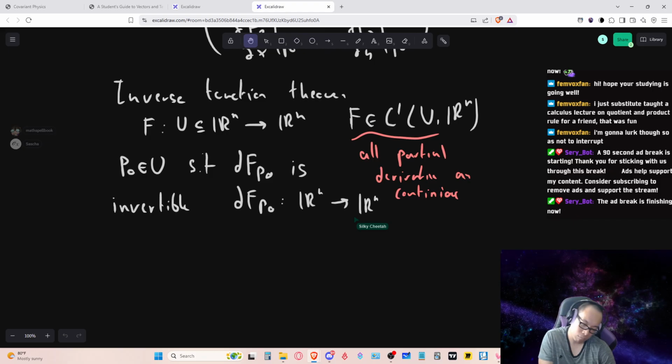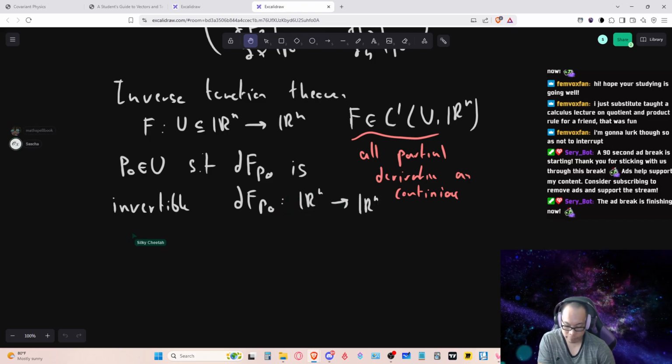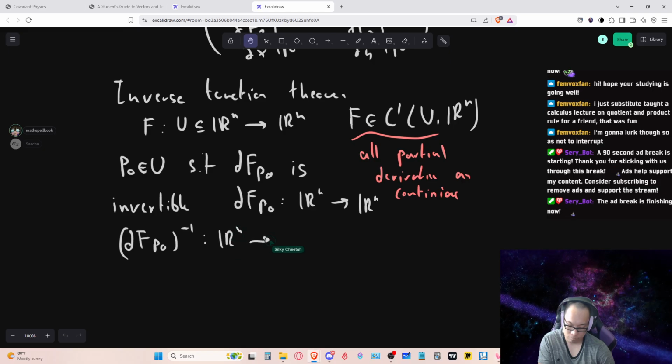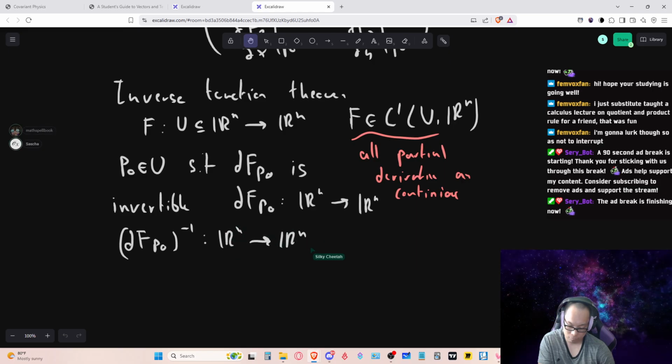And we want this map to be invertible. So it means that there will exist some inverse function, let's call it like that, such that when you compose those two functions, you get the identity.